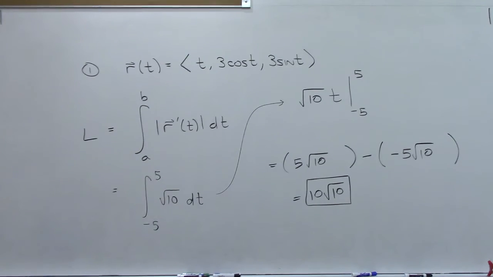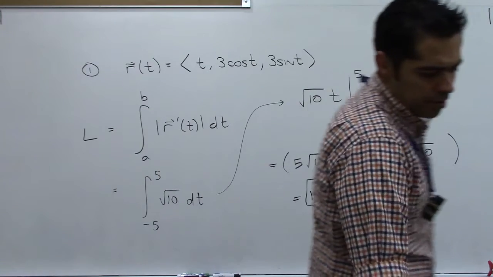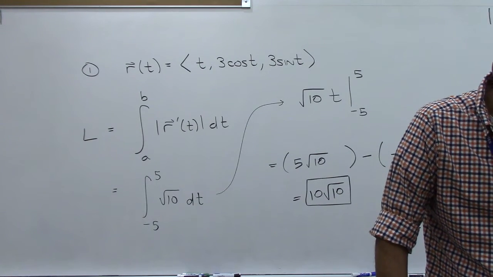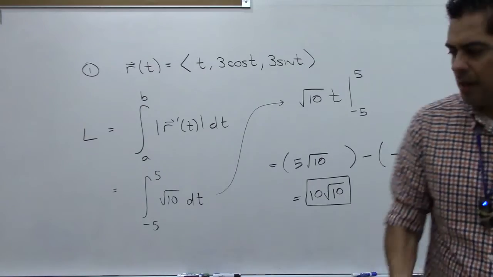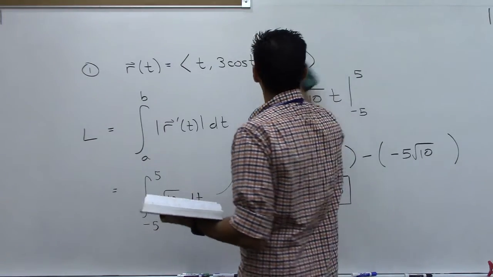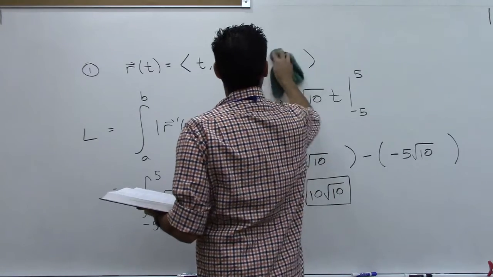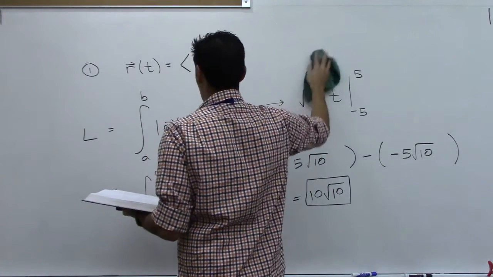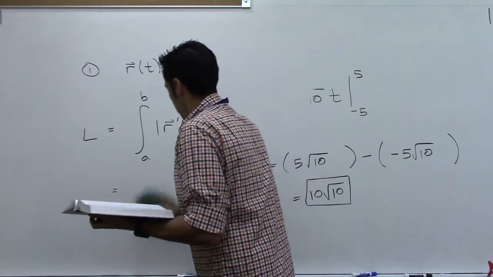Okay, let's move on to, let's see, number 2, number 3, number 4. They're all the same. Let me do 4 since it looks a little different. The vector curve doesn't have sine and cosine in it, so let's take a look at this one. It'll be the same formula.